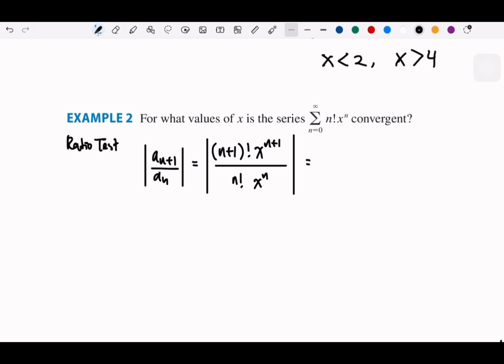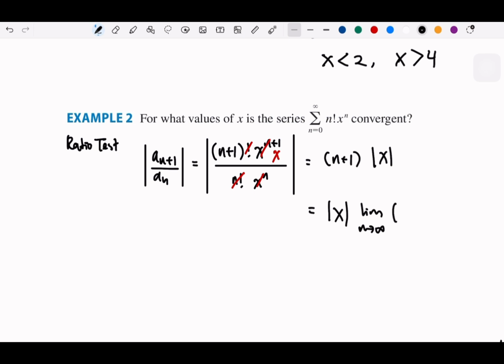So we have n plus 1, right? Because we can cancel the factorial with this one, and the x to the power of n cancels, leaving this x. So we have this, and let's take the limit. I will factor out the x, and then this is the limit.